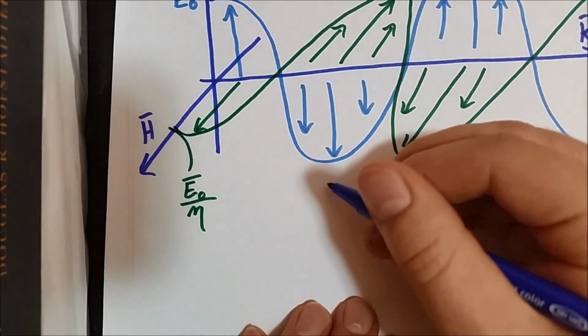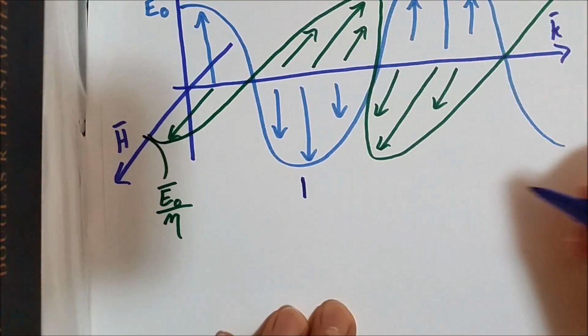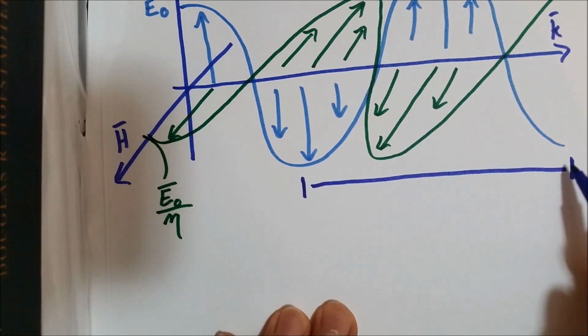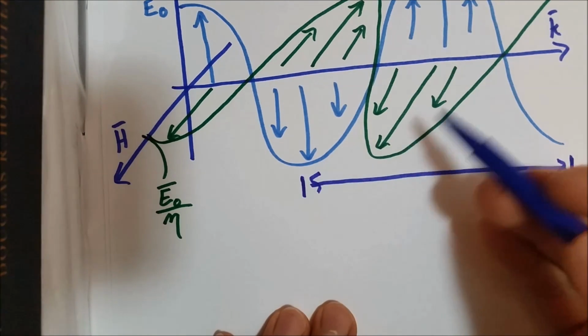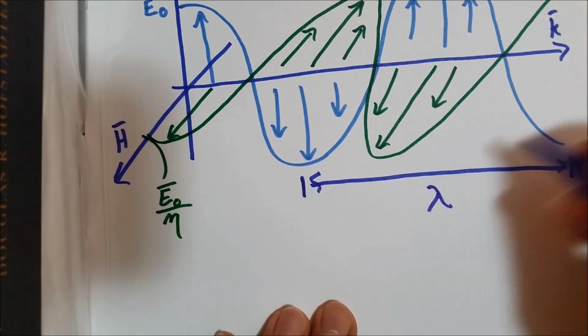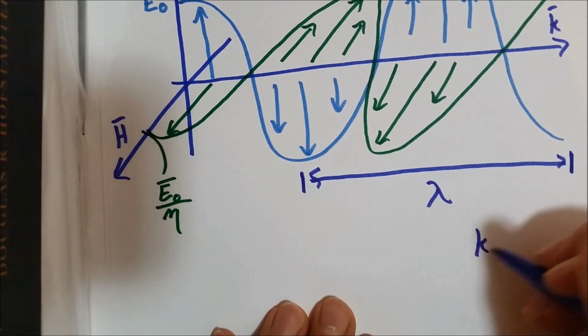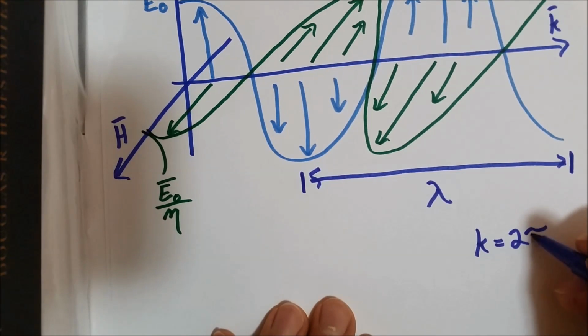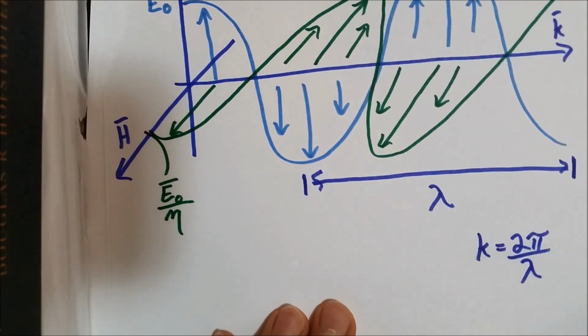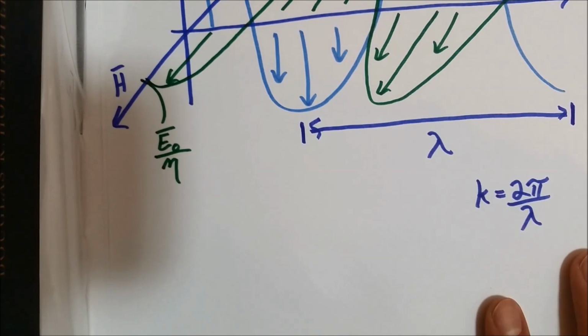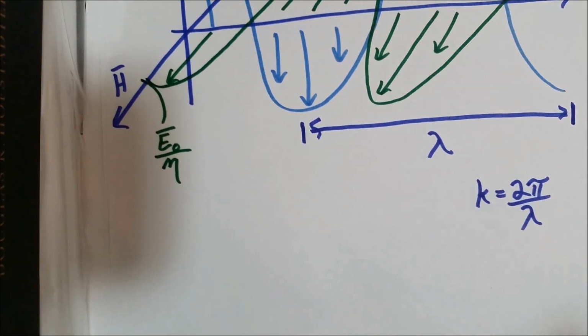We also define the points between two peaks or two troughs as the wavelength. And k, the magnitude of k, is related to it by 2 pi over the wavelength. That is a video explaining electromagnetic waves.